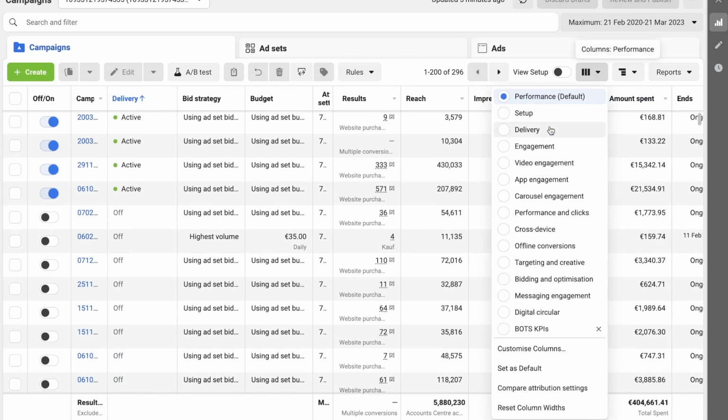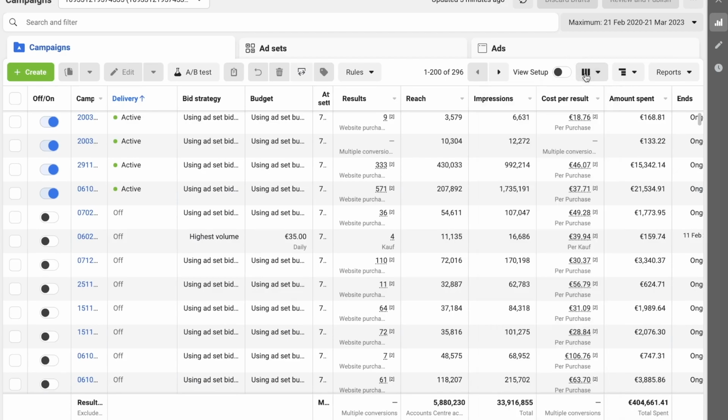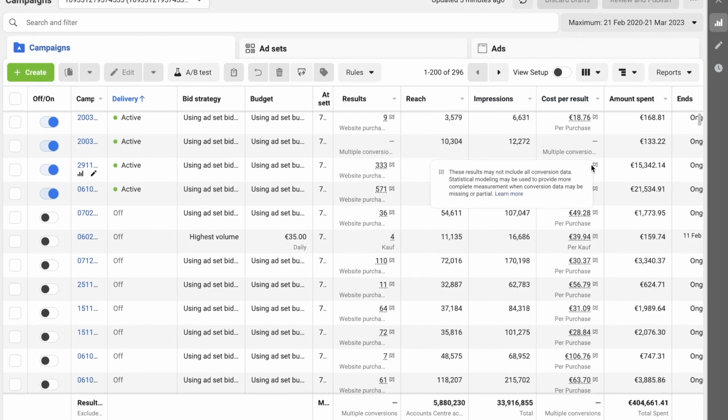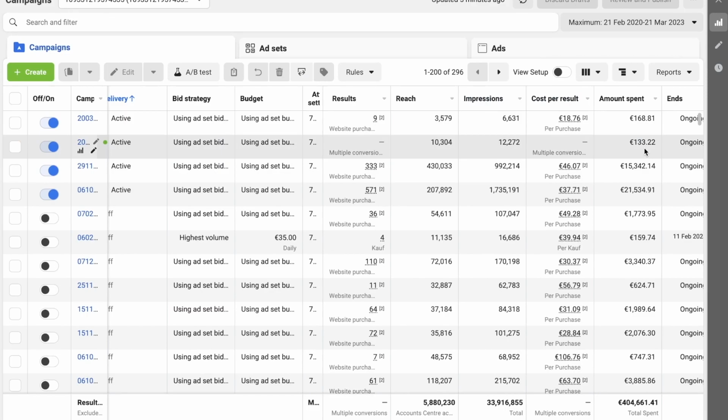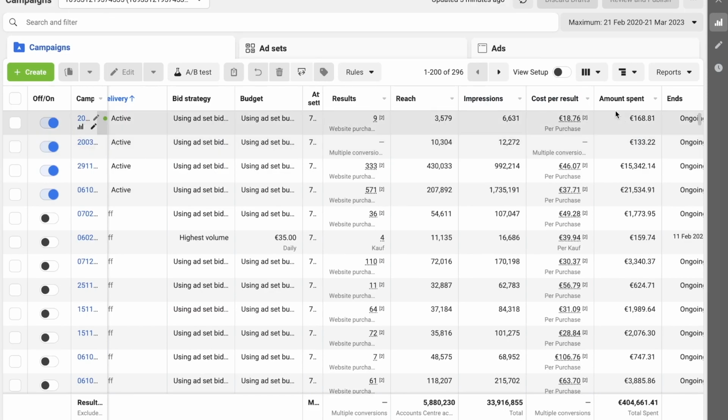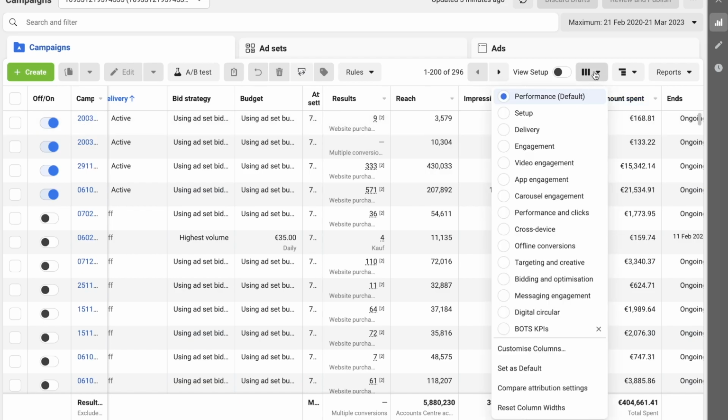And all these default setup ones, they are complete garbage. You don't really learn anything about your funnel and your overall marketing performance from using this default columns KPI setting here. So what I always do, which is the very first step when I take on a new ad account, is I create my own KPIs. My company is called Bots, so I have the Bots KPIs.